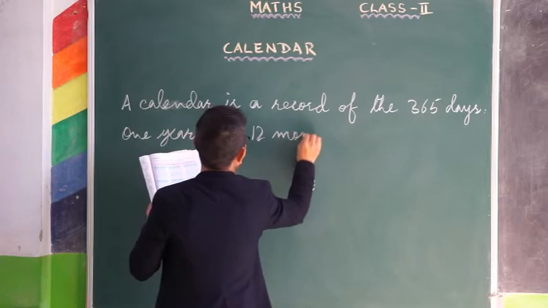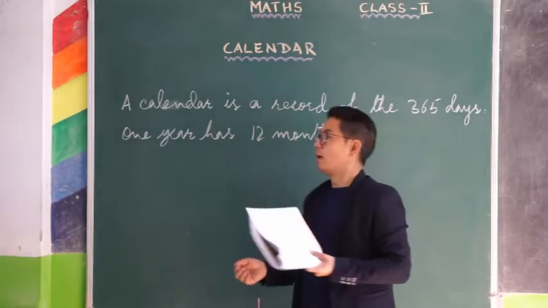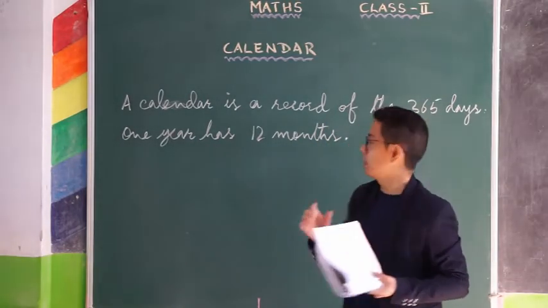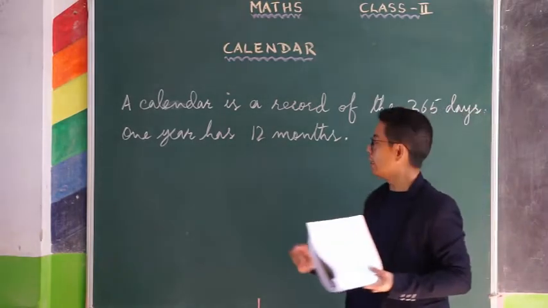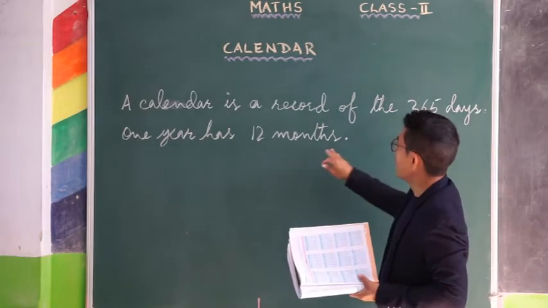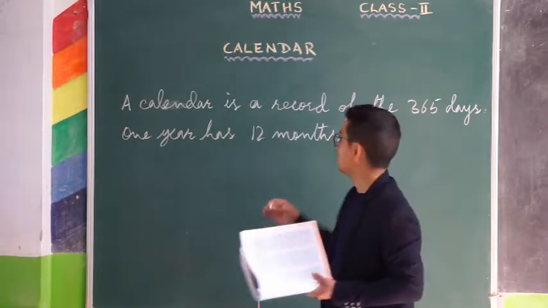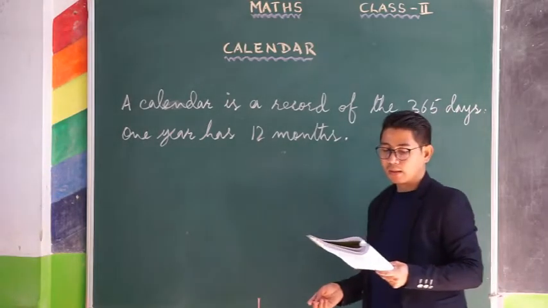12 months. You all know this because you have already learned that in a week there are 7 days, in a month there are 30 to 31 days, even 28 to 29 days, isn't it? And a year has 12 months. 1 year has 12 months.